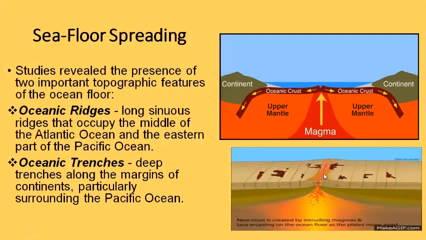Now, supposing there is no plate tectonics, then what would happen? This would go on spreading and spreading. But it does not happen like that. As this is coming up, the oceanic crust is again lost in these trenches.